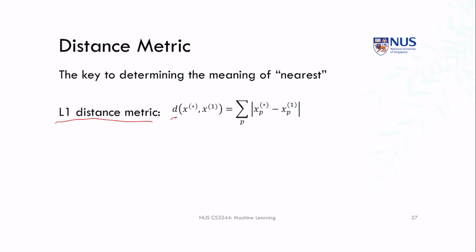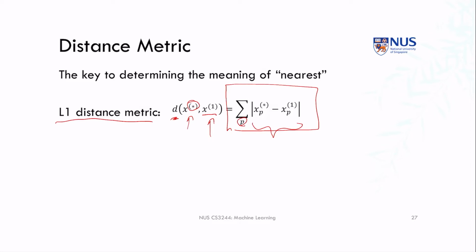It says the distance calculated between a particular test image, this is our star, and a particular image in our training dataset, the first instance, X in parentheses 1, the first row of our data matrix, is just equal to the sum of the differences between a particular pixel p, ranging over all 1.44 million pixels.